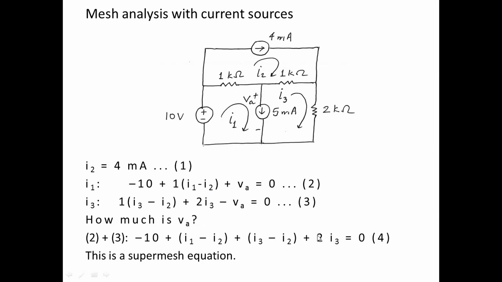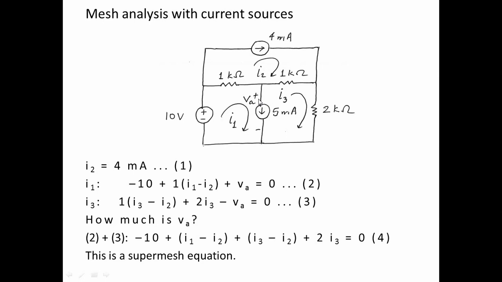This equation is actually a KVL written around this loop, which is often called a super mesh because it encloses the current source, and because we are writing the KVL around the loop, we don't encounter the voltage VA at all. So we've got rid of VA.